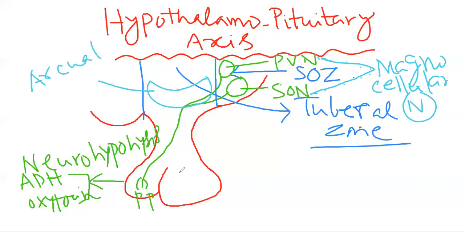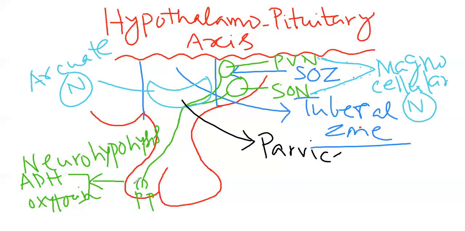The arcuate nucleus is present in the tuberal zone, and the important neuron present in this nucleus is known as the parvicellular neuron. These parvicellular neurons are the main structure in the arcuate nucleus, from which different releasing factors are produced, and subsequently they come down through the tuberohypophyseal tract.